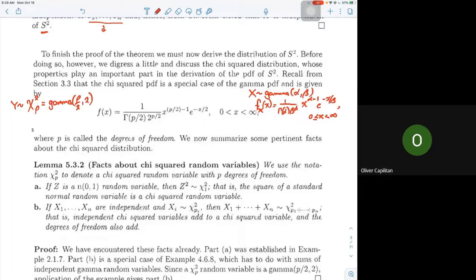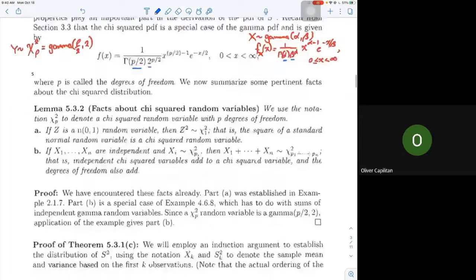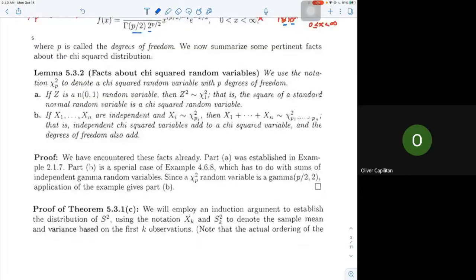Hence, for the chi-squared PDF, we just replace alpha by p over 2 and beta by 2. So this is now the PDF for our chi-squared distribution, where p is called the degrees of freedom.